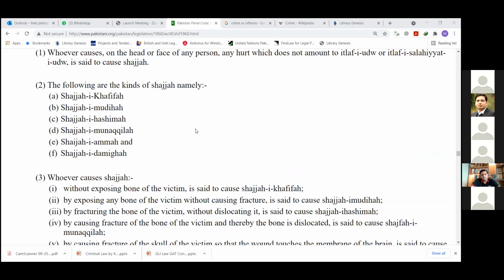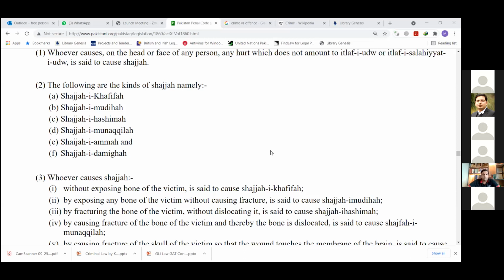And the Qisas and Diyat Ordinance was promulgated when the Federal Shariat Court in the late 80s and early 90s had ruled that the existing law of murder and grievous hurt was against the injunctions of Islam. So in order to bridge that gap, the Qisas and Diyat Ordinance was promulgated and these chapters were inserted in PPC.